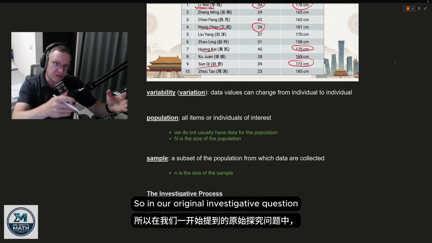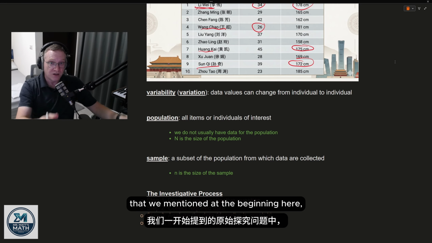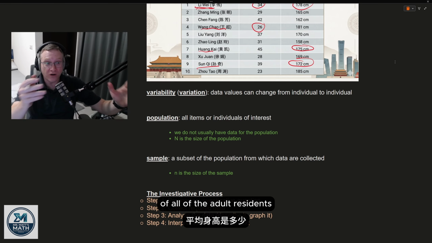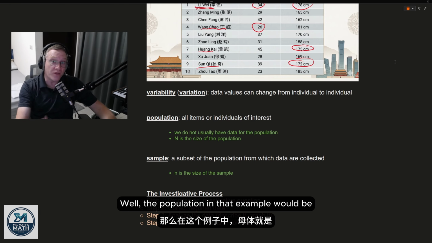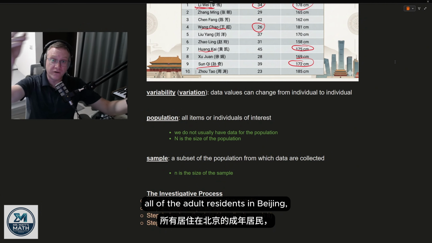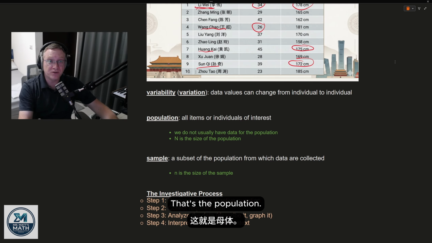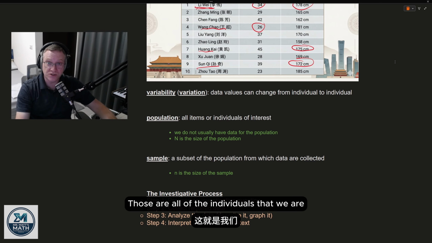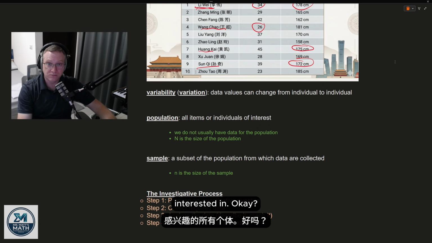So in our original investigative question that we mentioned at the beginning here, what is the average height of all of the adult residents in Beijing, China? Well, the population in that example would be all of the adult residents in Beijing, China. That's the population. Those are all of the individuals that we are interested in. Okay?